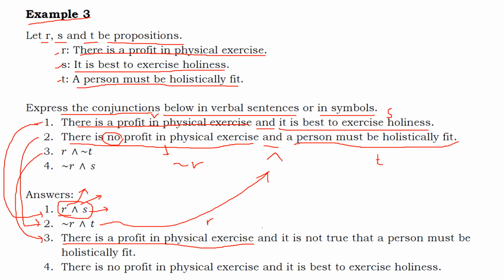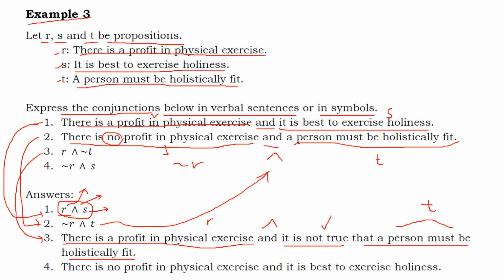Then this will be your conjunction. It is not true that a person must be holistically fit. So this portion is from your proposition T.